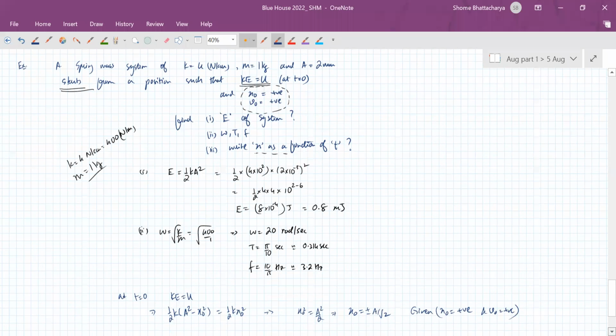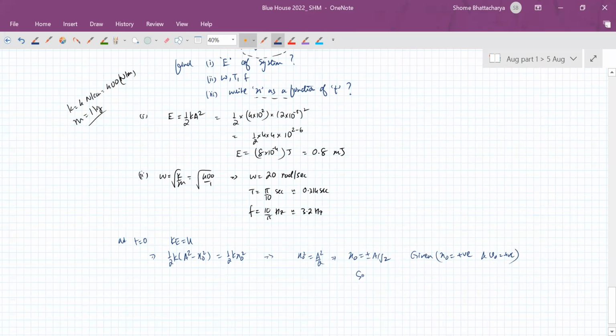Okay. So that means sine phi, given this is positive and its value is 1 by root 2, and cos phi is also positive. So the phase constant is how much? It is pi by 4 or 45 degrees. Yes, sir.